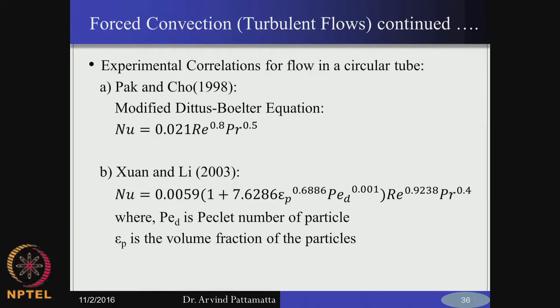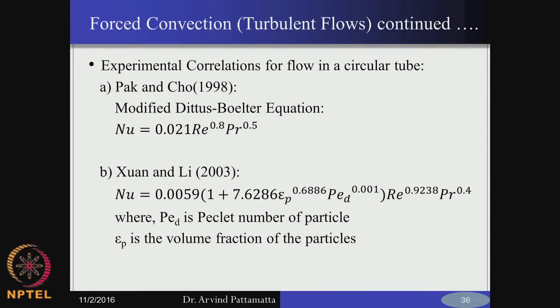Some people have also used the Dittus-Boelter equation, which says that there is a dependency on Reynolds number to the power 0.8 and Prandtl number to the power of either 0.3 or 0.4. They have modified that a little bit for nanofluids by changing the constants for the Prandtl number and also the constant in front, that is 0.021, and this was given by Park and Cho.